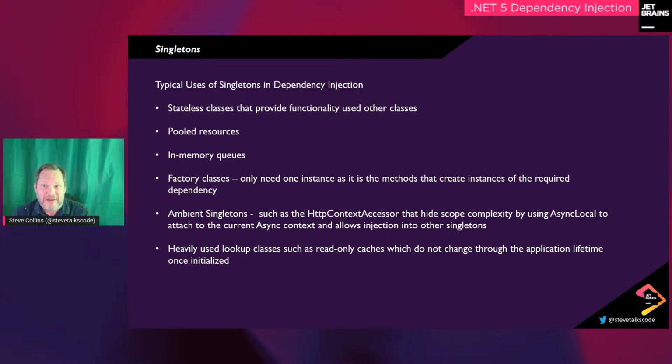Factory classes I'll talk about later, but typically these are created once, and then their methods are used to create shorter-lived instances of some other dependency when it's required. You may have an ambient singleton, which hides the complexity of accessing shorter-lived objects, something like the HTTP context accessor in ASP.NET Core that uses async local storage to avoid the captive dependency problem.